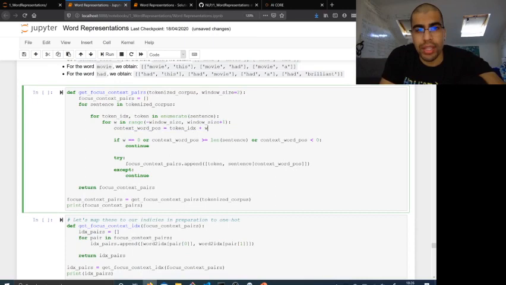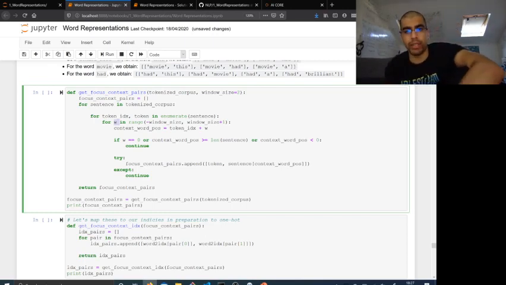This line says that if W is 0, as in it's the word we're currently focusing on, if it is the token index, then we skip.